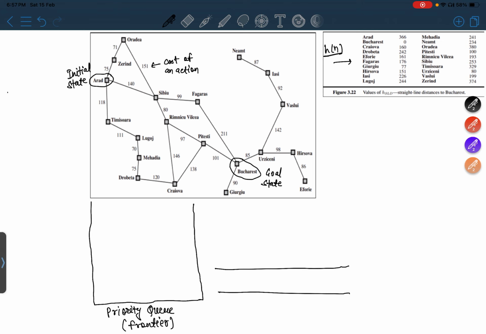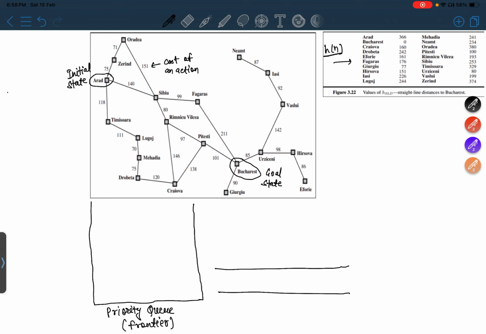But we have discussed that this implementation can be varied depending upon how you want to implement a priority queue, whether using min heap, max heap, or a linked list. So not going into the exact details of the implementation, we are taking an abstract view of our frontier as a simple container.